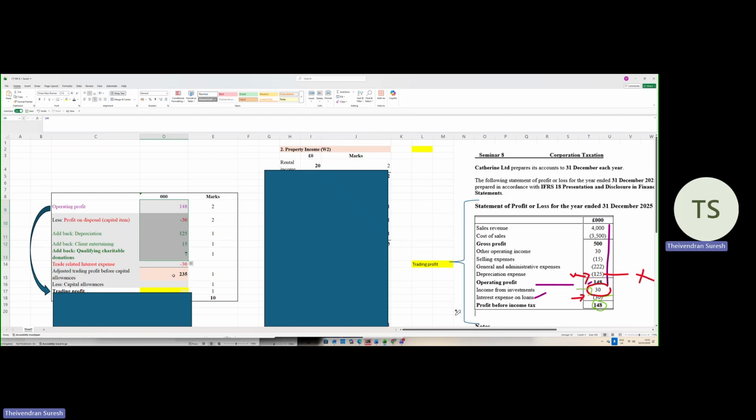This is known as the adjusted trading profit before capital allowances.